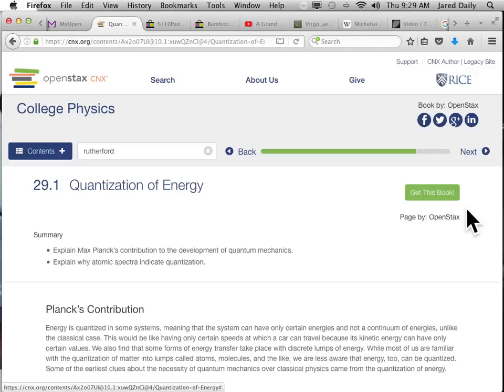For many, many hundreds, even thousands of years, everybody just assumed that the universe was made of a continuous substance everywhere, that matter is just a continuous flow of stuff, and that you could chop it up and chop it up and chop it up, and you would never find a smallest piece of this matter that couldn't be chopped up.